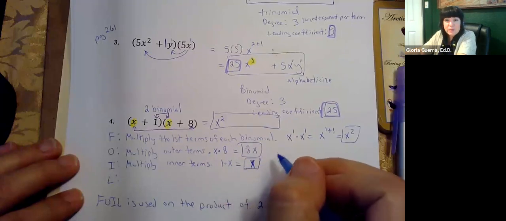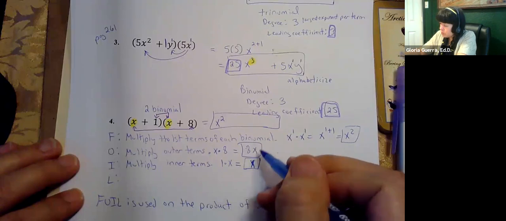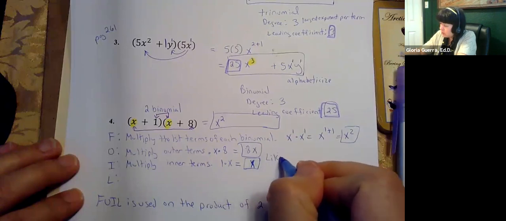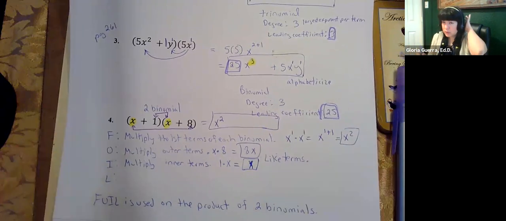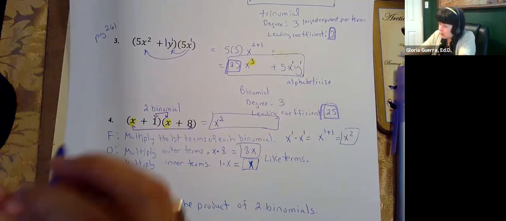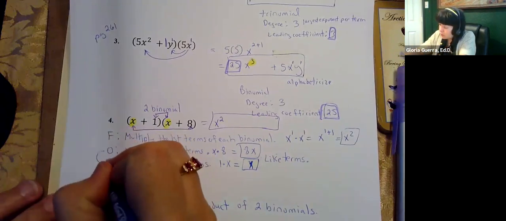Okay, and then these happen to be like terms. If you have like terms, and 90% of the time you will in FOIL, you'll see them on the outer and the inner.